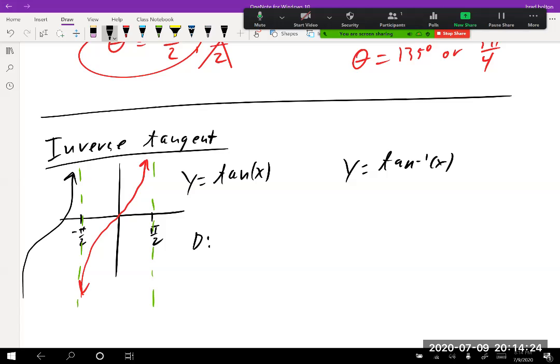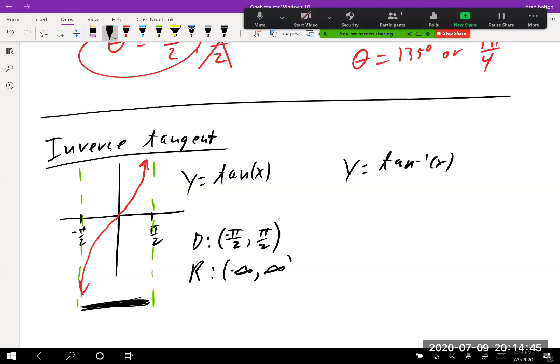There's another one and it goes on forever. So what they ask you to do is to just focus on this one interval right here from negative pi halves to pi halves. So our domain is going to be parentheses negative pi halves to pi halves. This is the agreed upon interval that we use for the tangent function if we're going to talk about the inverse tangent. And then the range will be from negative infinity to positive infinity.